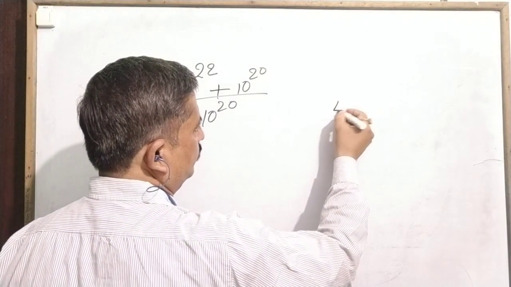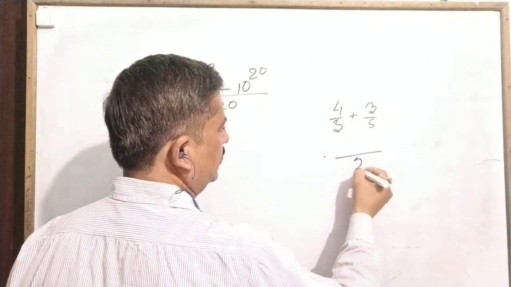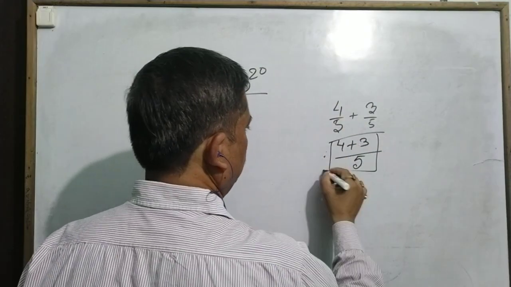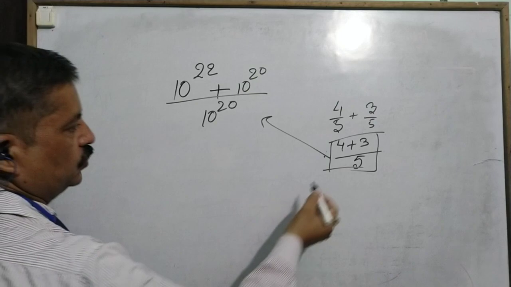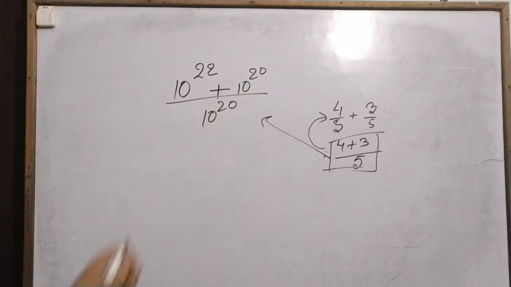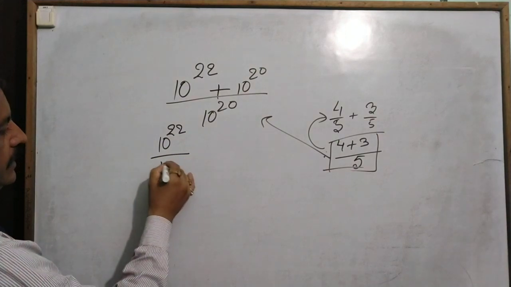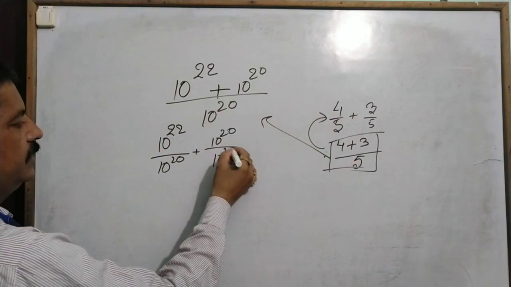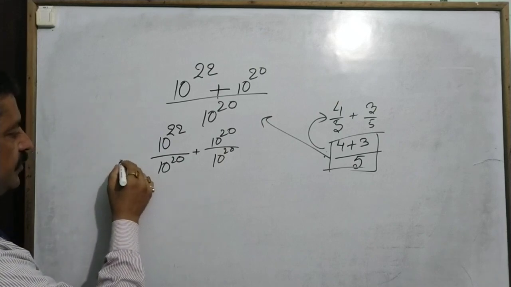If you know it very well, in 4 by 5 plus 3 by 5 we take the LCM, and 4 plus 3 by 5 is also written as 4 by 5 plus 3 by 5. So you just change it to 10 to the power 20 plus 10 to the power 20 divided by 10 to the power 20. Students may have such a method.